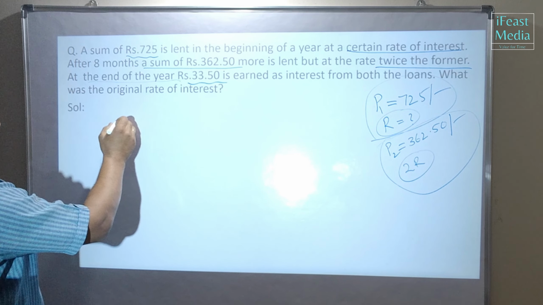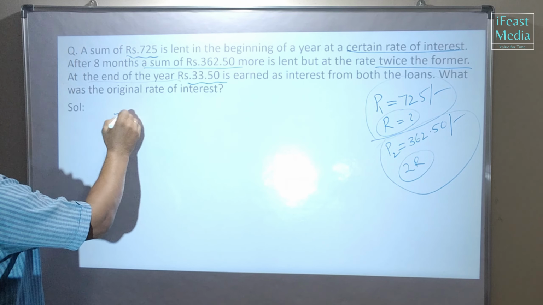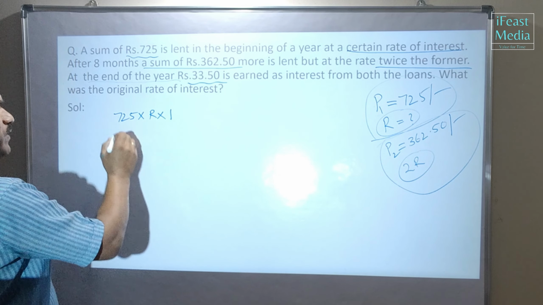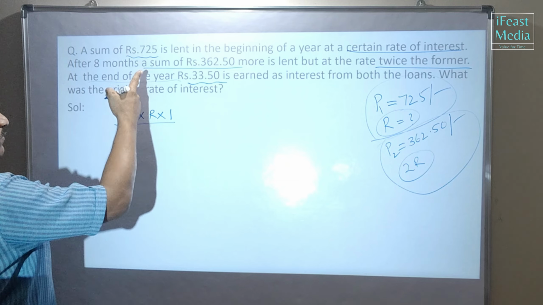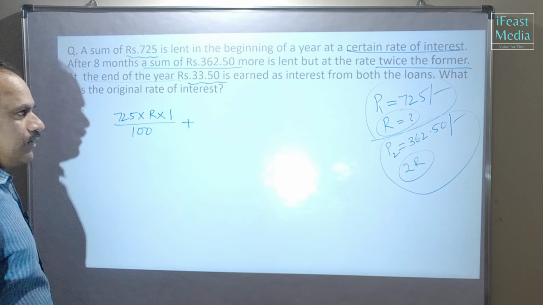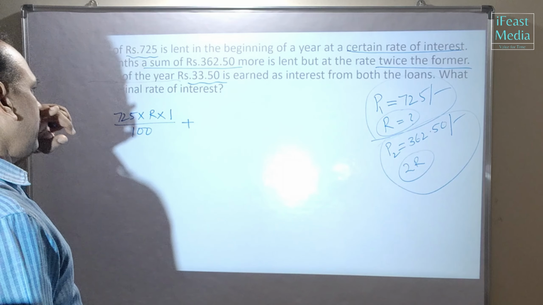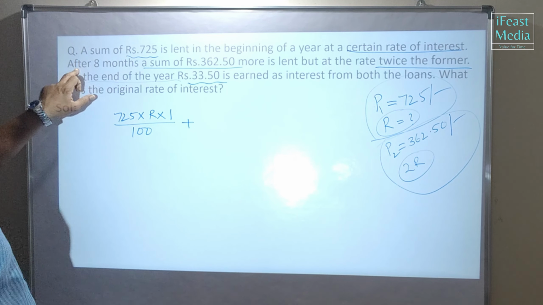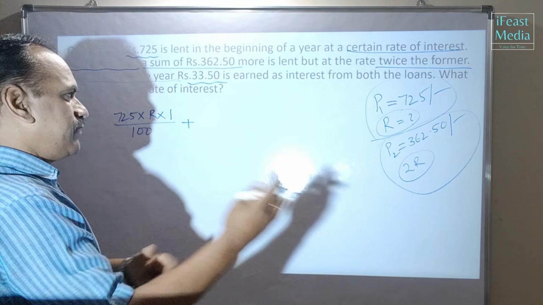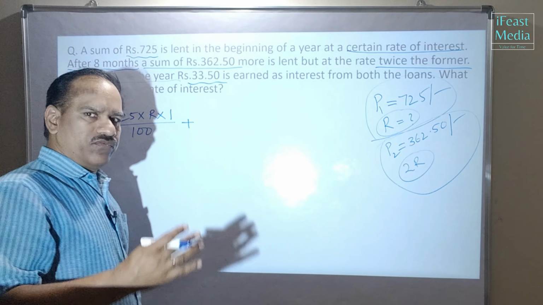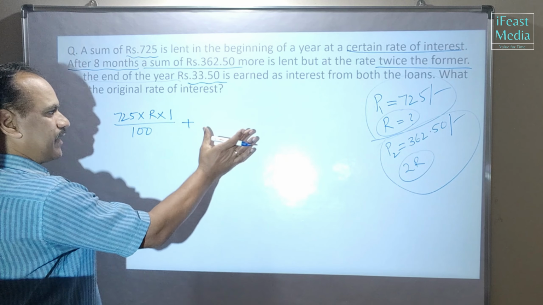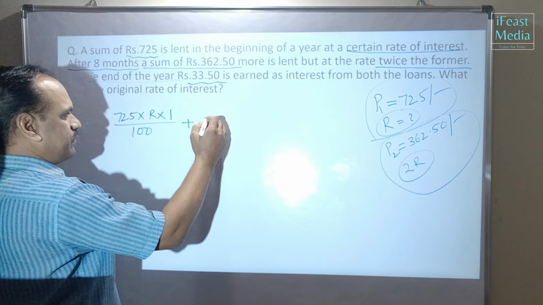So what is the simple interest on the first one? 725 into rate of interest R into time, only 1 year on the first one, divided by 100, plus. But on the second one, what is the time? The time is after 8 months. The total time period is 1 year. After 8 months means the duration of the second loan is only 4 months.